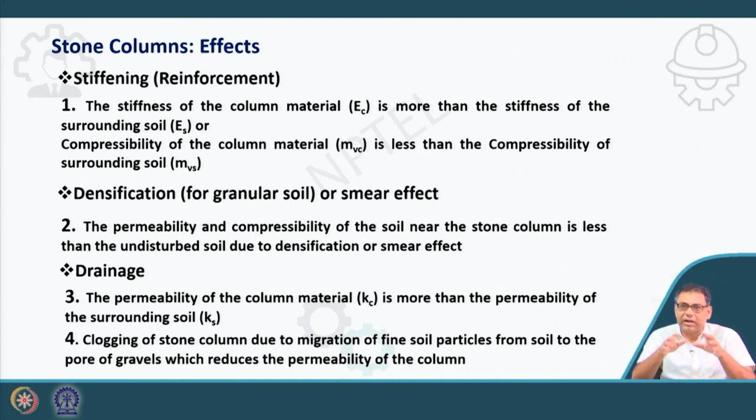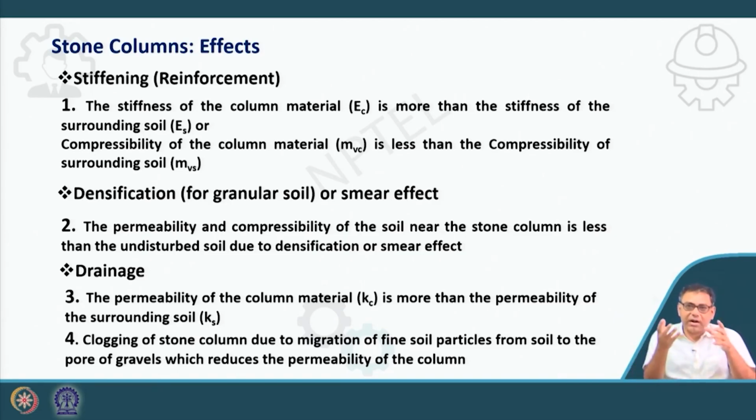Now, if the surrounding soil densifies, some zone around the stone column will be disturbed during the installation process, compared to a zone which is far away from the stone column that will be in undisturbed condition.